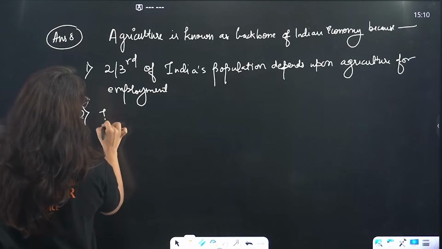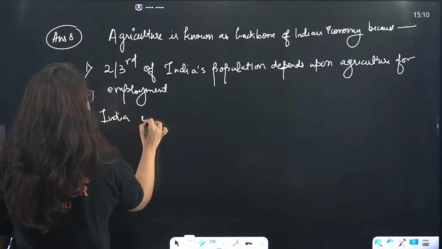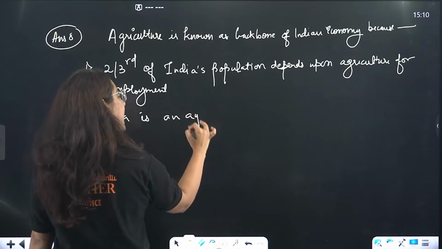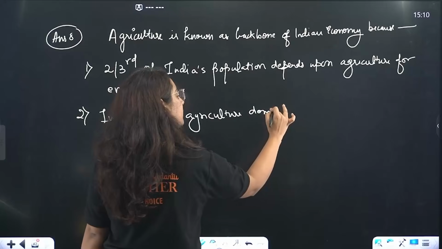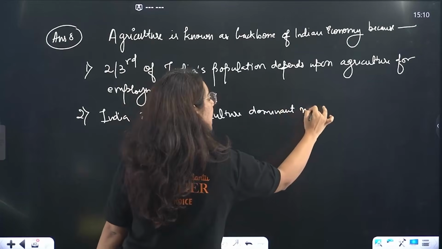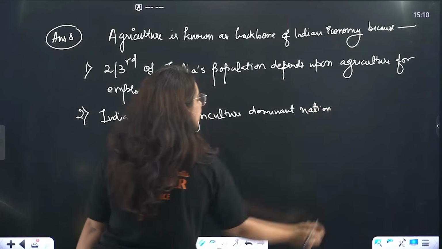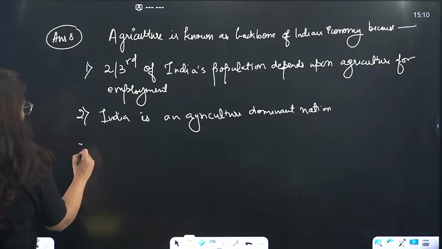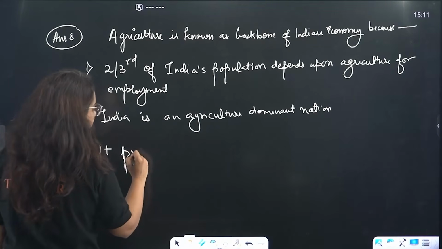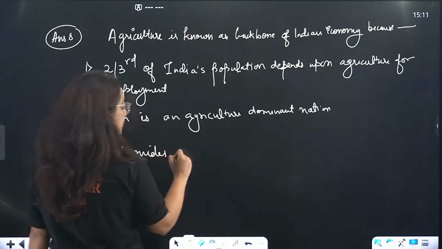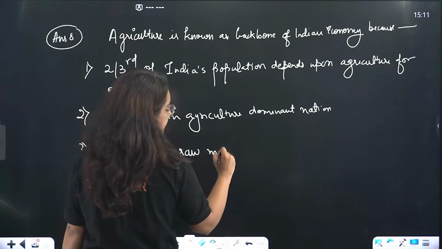You know that the second point is because India is an agriculture dominant nation. Krishi Pradhan in Hindi it is known as. However, it is agriculture dominant nation, right? The third point is beta, it provides what? It provides raw materials, right?